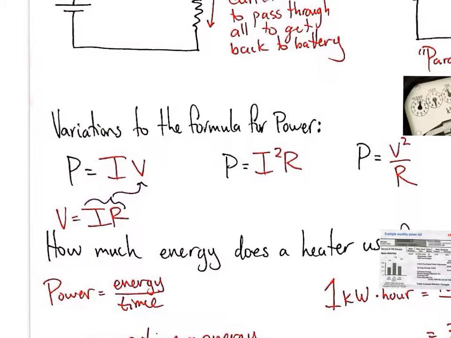We could also do the same by substituting in for I, V over R, and we would end up with this, power equals voltage squared over resistance. So both of these variations of this formula can be helpful. You really only need these two, but those are different variations.